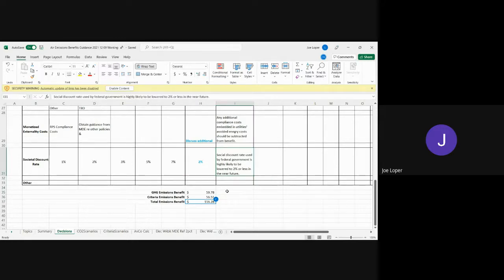But I think this group seemed to be headed for a 1%. There was some sticker shock associated with the social cost of carbon at a 1% discount rate. A 2% discount rate gives you a $60 emissions benefit rather than a $300 emissions benefit. So I think that would be more acceptable.